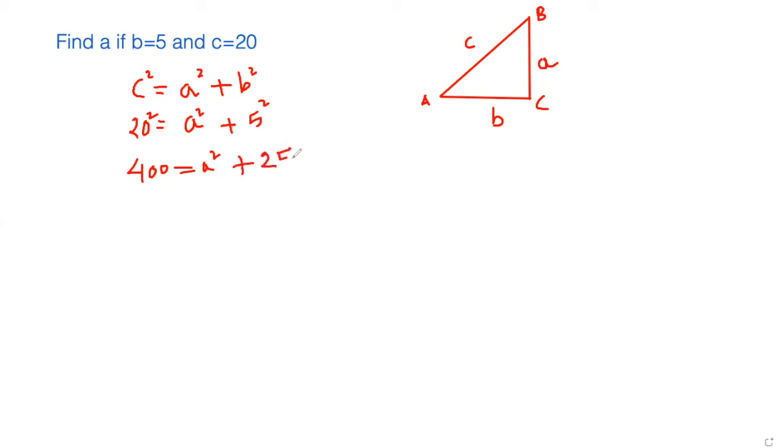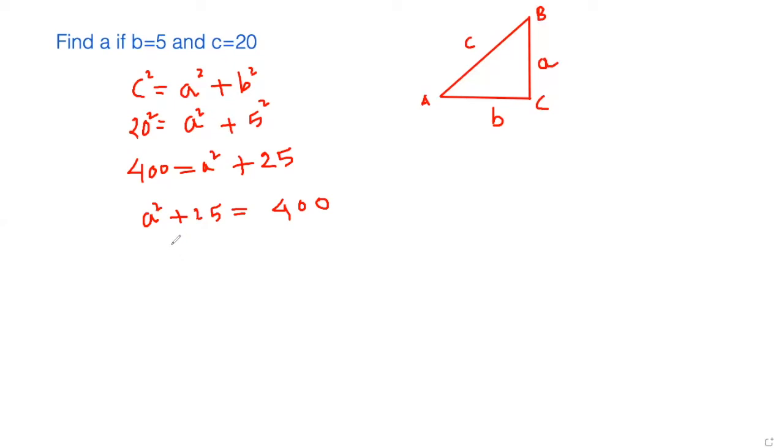Now we can write the right hand side to the left hand side because we are looking for a. So I am writing the term containing a to the left hand side. Rewriting this, a square plus 25 equal to 400. Now I have to subtract 25 from both sides to isolate a square.